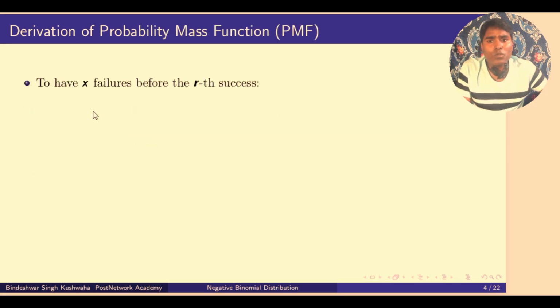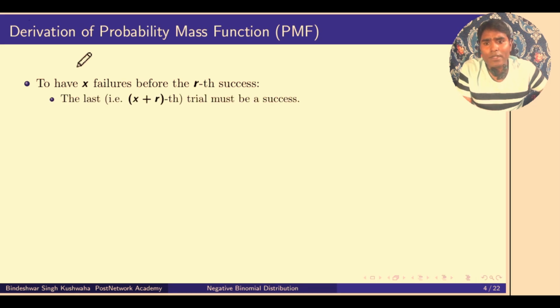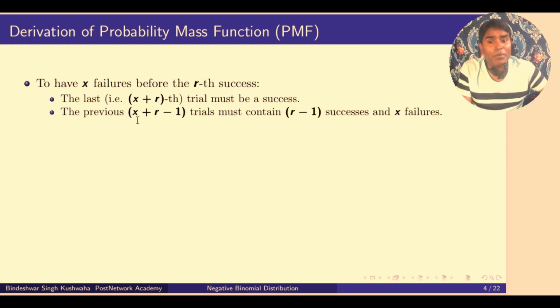To have x failures before the rth success, it is very important to understand that the last trial, that is the (x plus r)th trial, must be a success, and the previous x plus r minus 1 trials must contain r minus 1 successes and x failures.